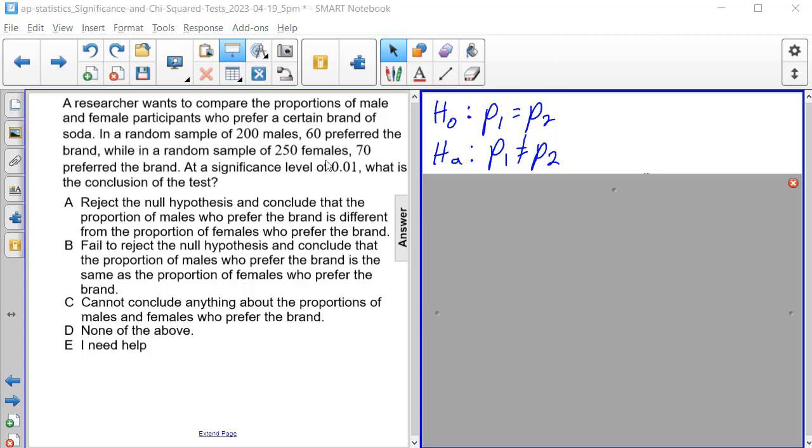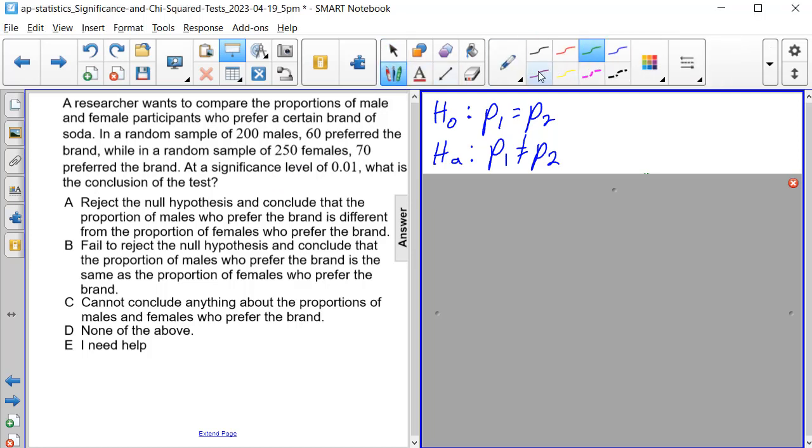So now let's look at the given information and try to calculate some of the values that we will need to construct our confidence interval. The first piece of information that we need to find is the proportion, or our P1 hat value, for our first random sample.